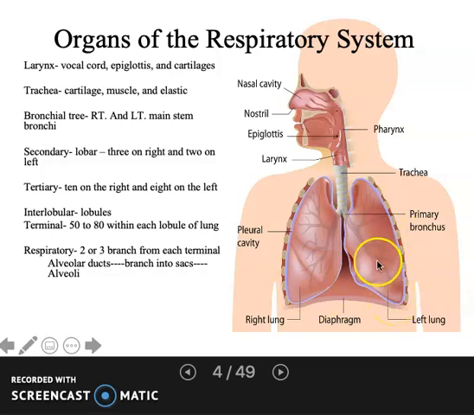So the trachea bifurcates into bronchi, which bifurcate further into bronchioles that have smaller and smaller diameter. And then finally, these primary bronchi, secondary bronchioles, tertiary bronchioles, they finally end in these little blind sacs called the alveoli. And we'll look at that structure in detail in a sec.